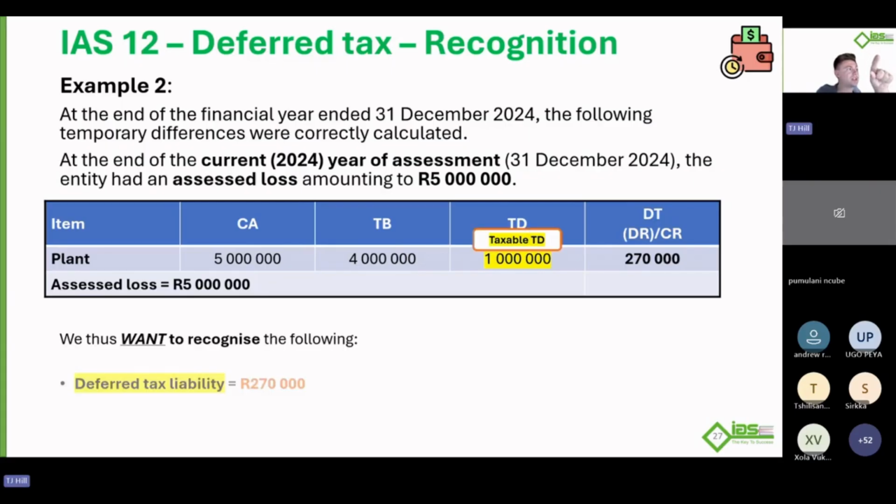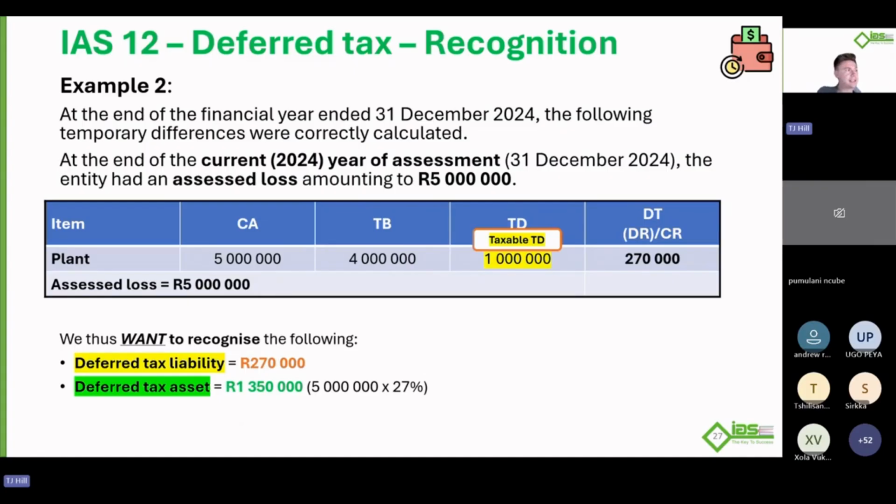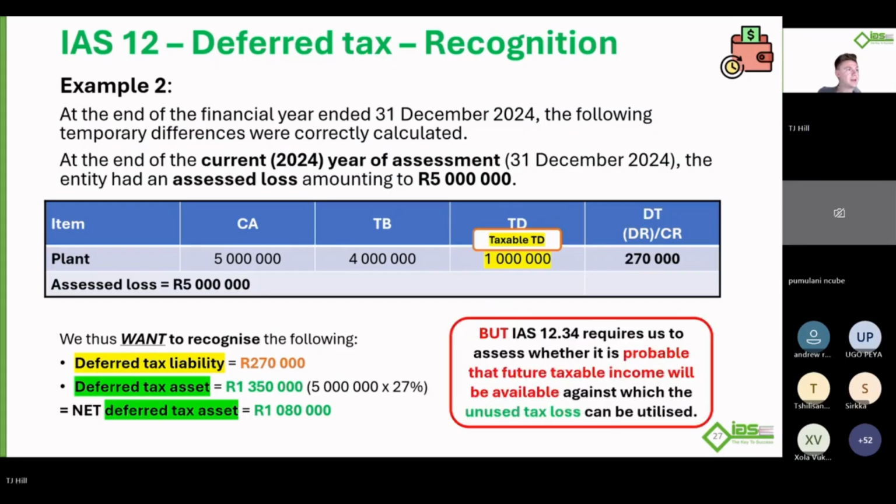The question is, can I recognize a DT asset on it? I want to recognize an asset that is 27% of that. That is the benefit I'm going to get in monetary terms, which is 1.35 mil. Which is going to, if I look at this example, take me to a net deferred tax asset of the 1350 minus the 270, which is going to give me 108. But we have the same question to ask.